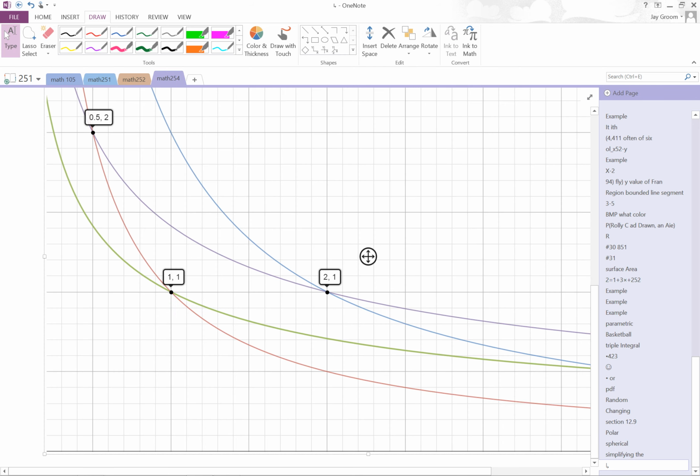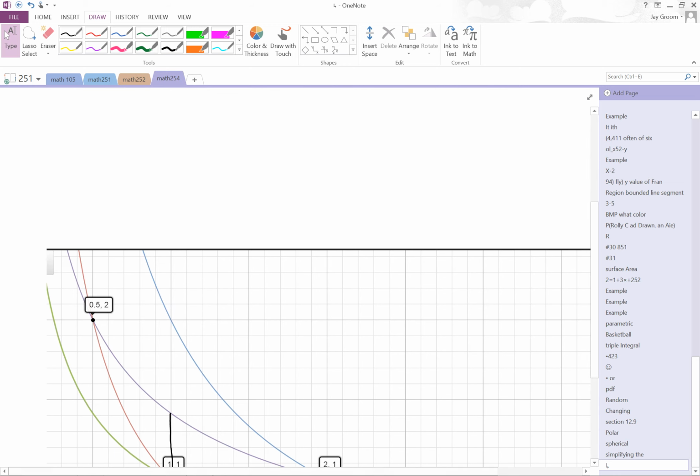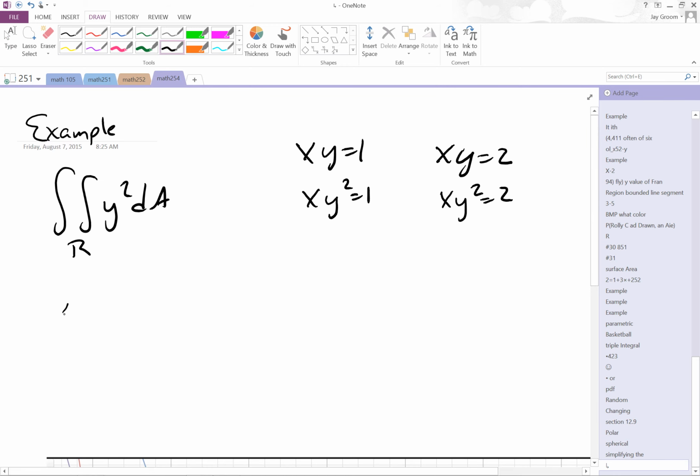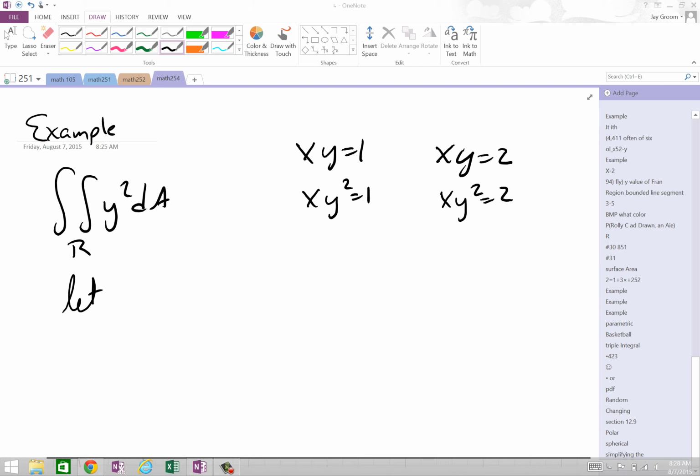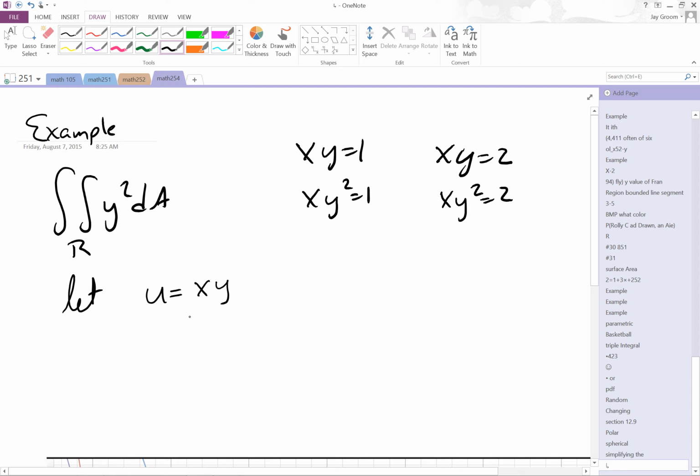Again, if you're doing it the old school way, you'd have to break it here, here, and then you'd have three pieces. That's stupid. So we're going to let u equal xy and v equal xy squared.